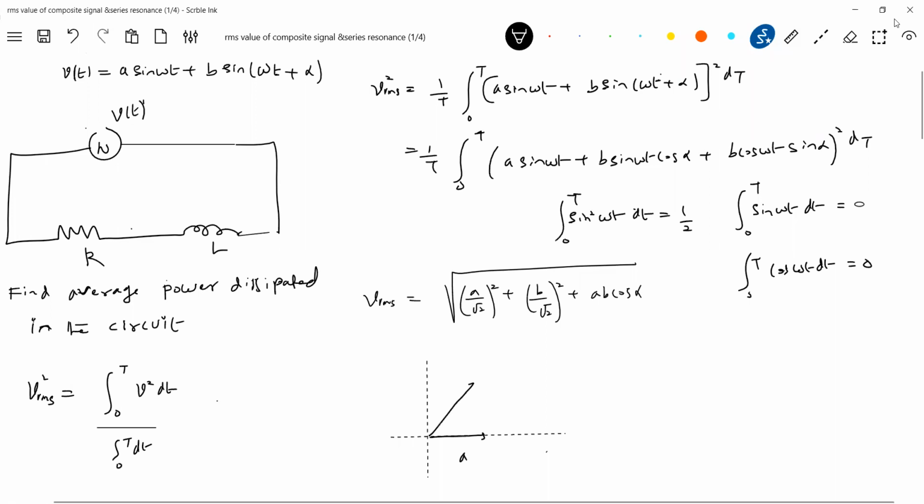And this is B. This is alpha. I'll calculate the resultant of this. What is the formula for this? The resultant will be Vm, maximum. So Vm square equals A square plus B square plus 2AB cos alpha.